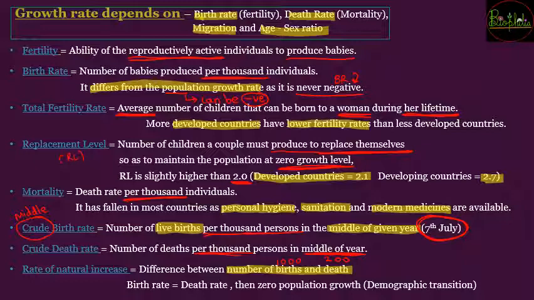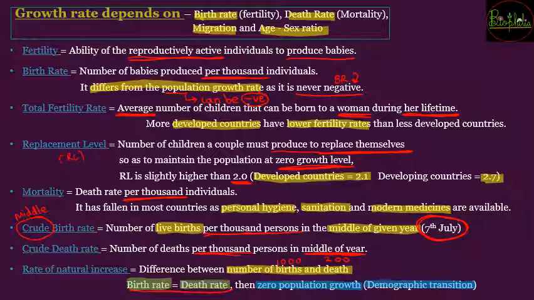So if the condition occurs कि जहाँ पे birth rate and death rate are equal, birth rate death rate is same, then in that case the population is going to be stabilized. So when the population is stabilized, you call it zero population growth. Zero population growth is a situation of demographic transition.